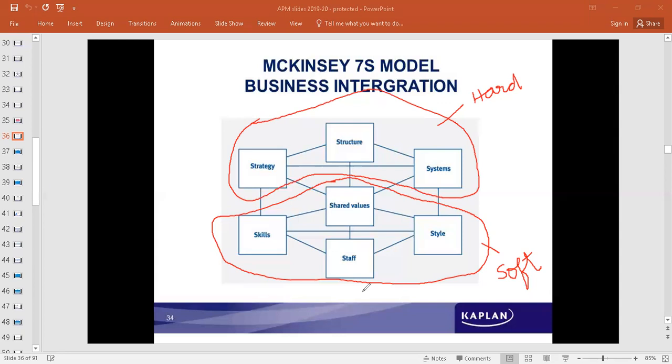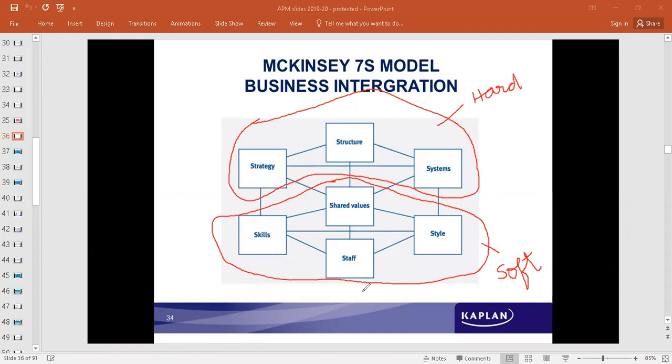We have to identify that aspect of it. The last one is style. What's the style of working? Is it a free environment, a democratic style, or are there rigid rules and regulations that have to be strictly followed? That kind of environment, that kind of style of working.